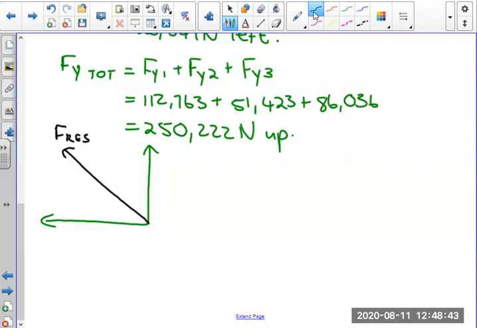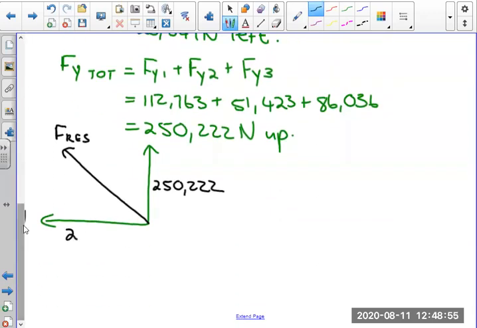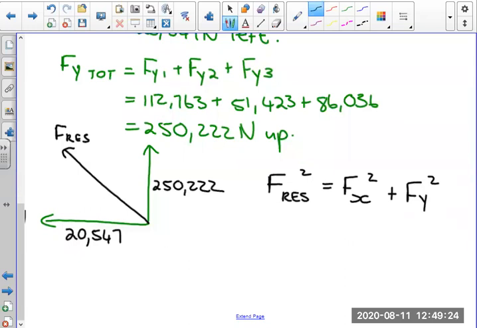Now, if I substitute in for the y, it is 250,222, and for the x, it is 20,547. Now I can use Pythagoras to work out the F net. So I'm going to say F net or F resultant squared equals Fx total squared plus Fy total squared.